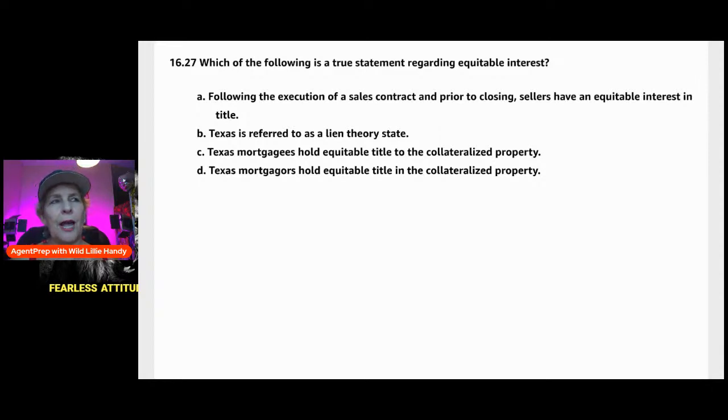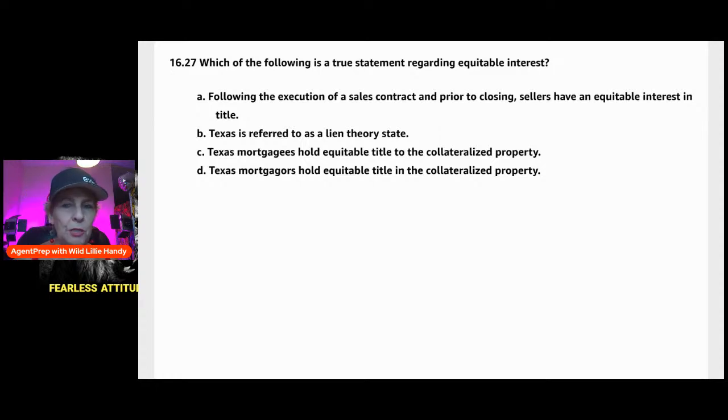Earlier, I think I made a misstatement about who holds which title. The mortgagee holds the legal title until the mortgage is paid off by the mortgagor. So in the meantime, the borrower holds equitable title. They have a beneficial interest in that property until it's paid off.